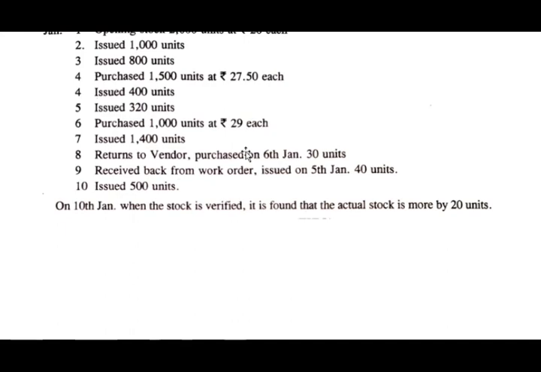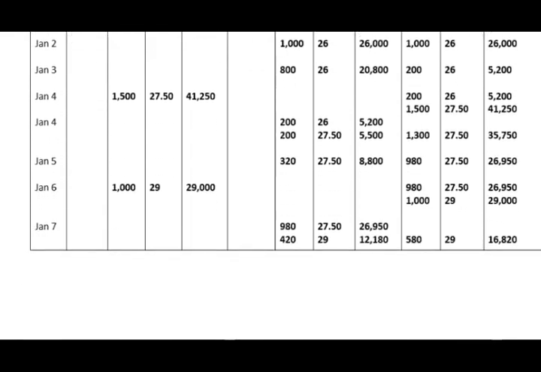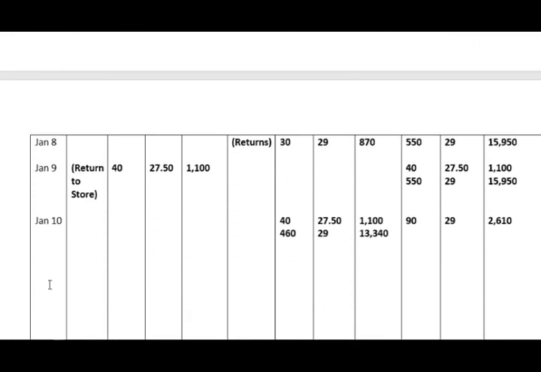And in case of shortage, imagine if department A finds that the stock is in shortage, in that case, we will issue that shortage quantity of raw materials to that specific department. If it is excess in any department, we'll take back to stores. So here, as the stock is in excess, we will consider it as a receipt.